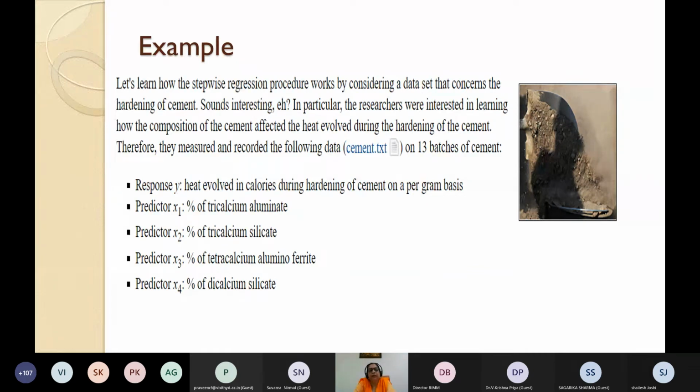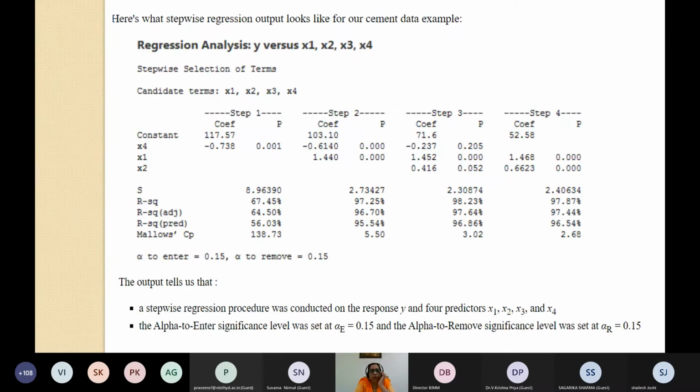Another example can be how the stepwise regression procedure works by considering a cement data set of a cement plant wherein the 4 independent variables are percentage of tricalcium aluminate, percentage of tricalcium silicate, percentage of tetracalcium aluminoferrite, and X4 shall be percentage of dicalcium silicate. Here you see how the computer program runs in SPSS. First it is bringing in X1, X4, then X1.